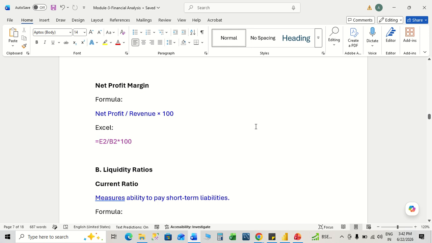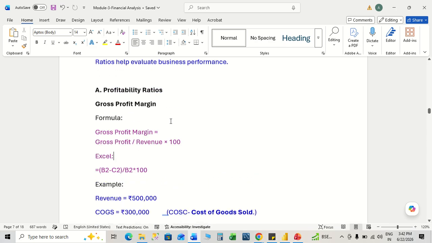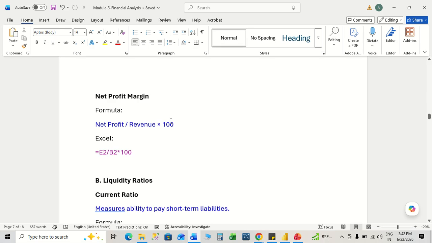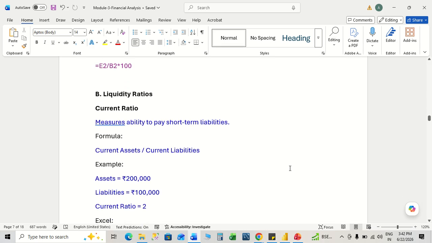Then net profit margin. Net profit margin is net profit divided by revenue, times 100. You will get the net profit margin. So these are the terms: gross profit, net profit. Then liquidity ratio: the current ratio measures the ability to pay short-term liabilities. That is called current ratio.